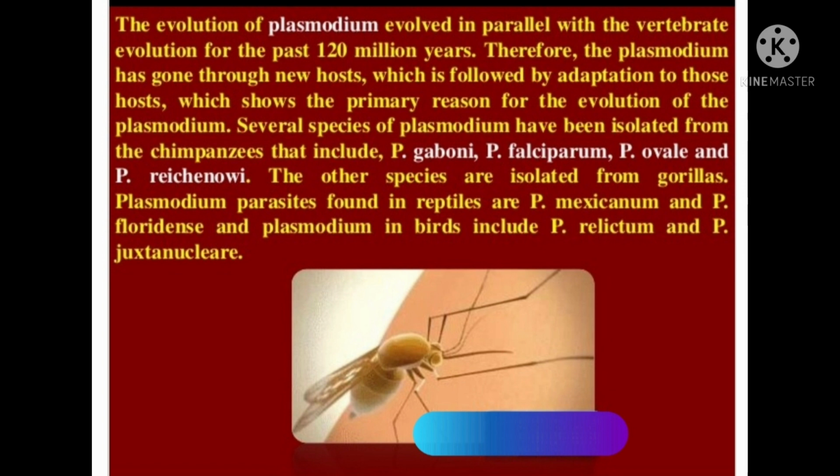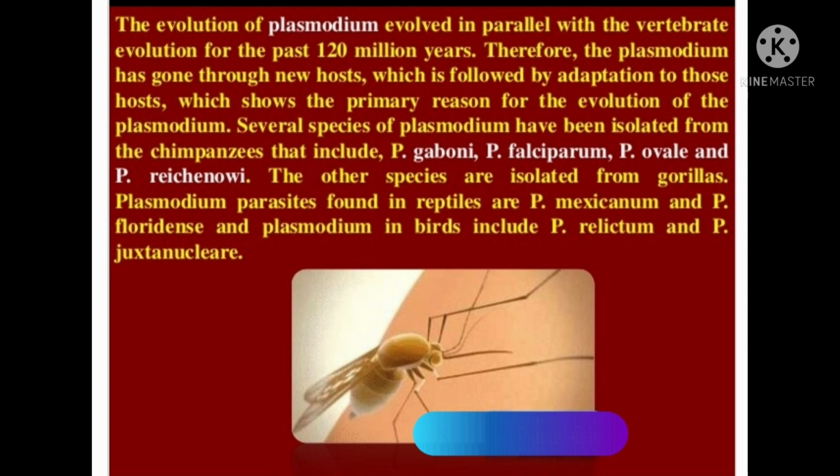Therefore, Plasmodium has gone through new hosts, followed by adaptation to those hosts. So they changed over time, going over different kinds of hosts, not only humans, which shows the primary reason for the evolution of Plasmodium.